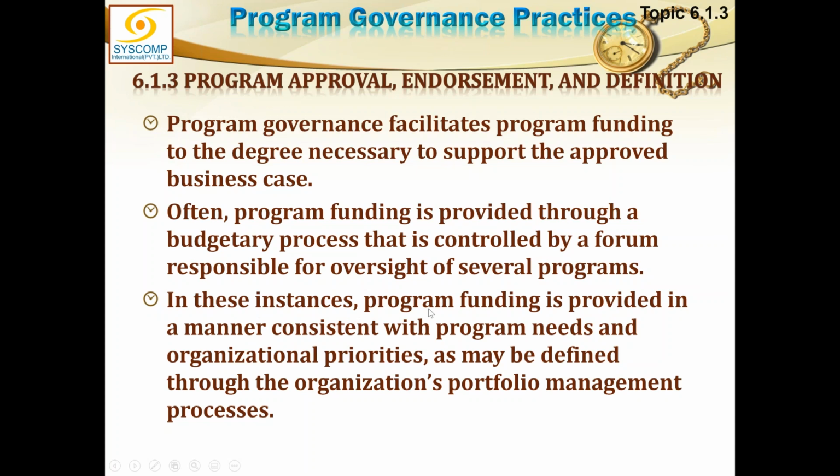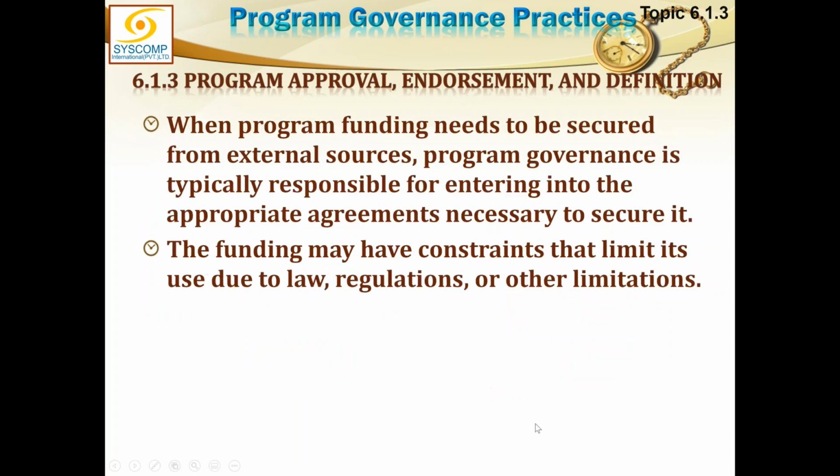In these instances, program funding is provided in a manner consistent with program needs and organizational priorities, as may be defined through the organization's portfolio management processes. So portfolio actually looks at the investment decision making. So therefore, portfolio would be telling us which program is getting what funding and from where.